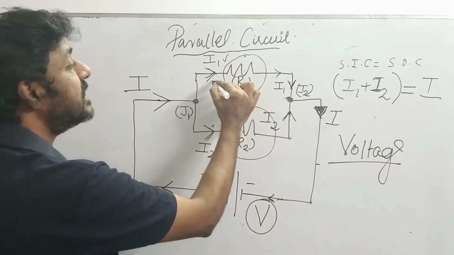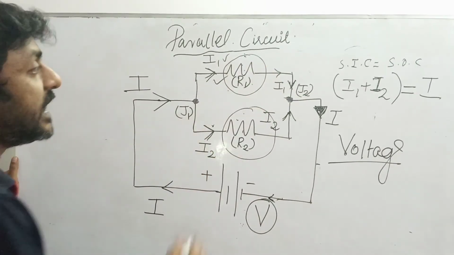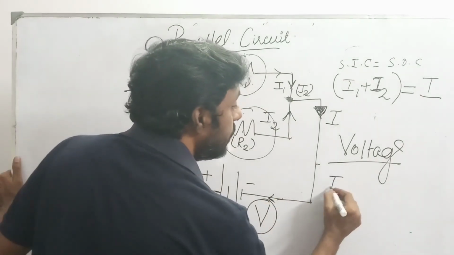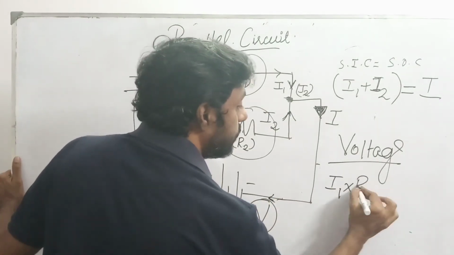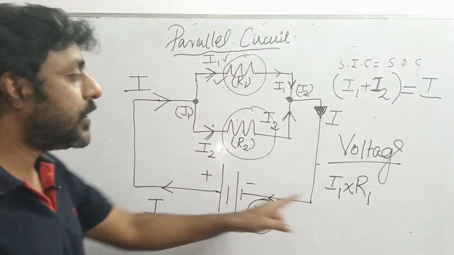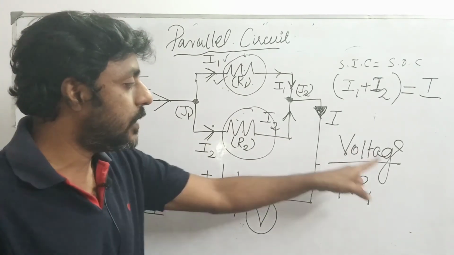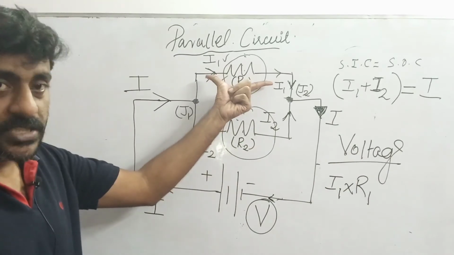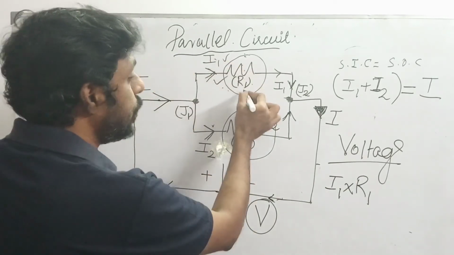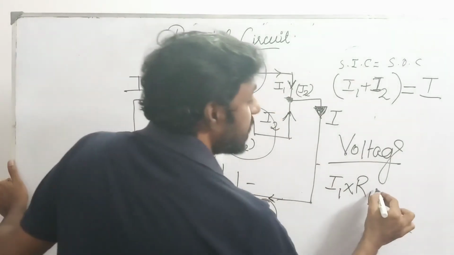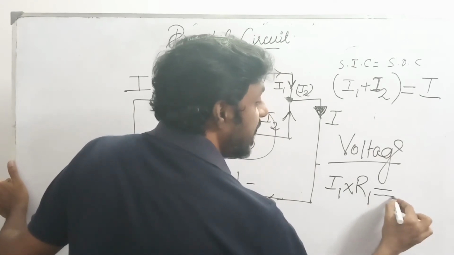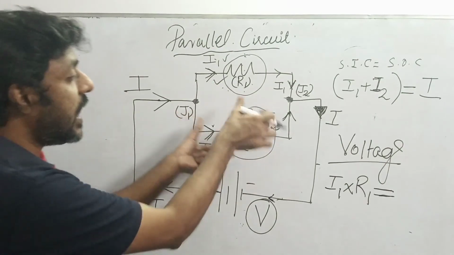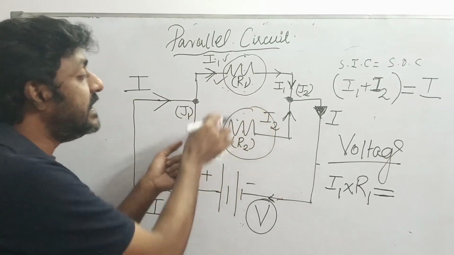What is the voltage in this branch? The voltage is nothing but the product of current and resistance. So I1 into R1, the product of the current and resistance, is termed as the voltage at this branch. Since this is a parallel circuit, the voltage will be the same, so I am equating it to the other voltage that is developed in this branch.